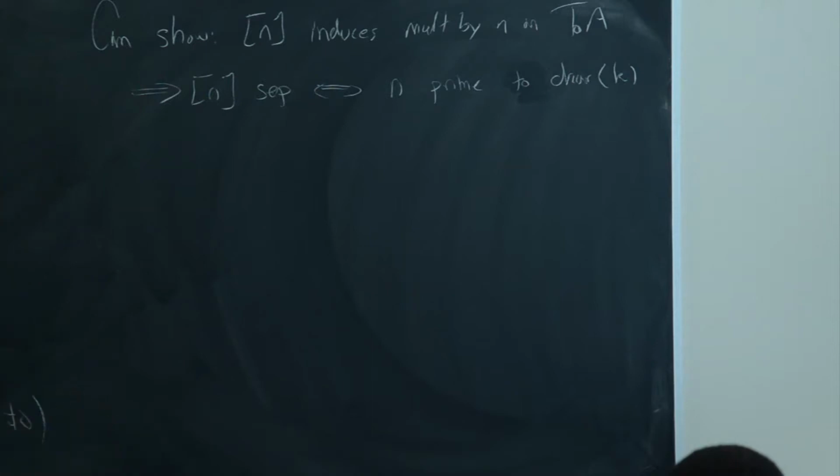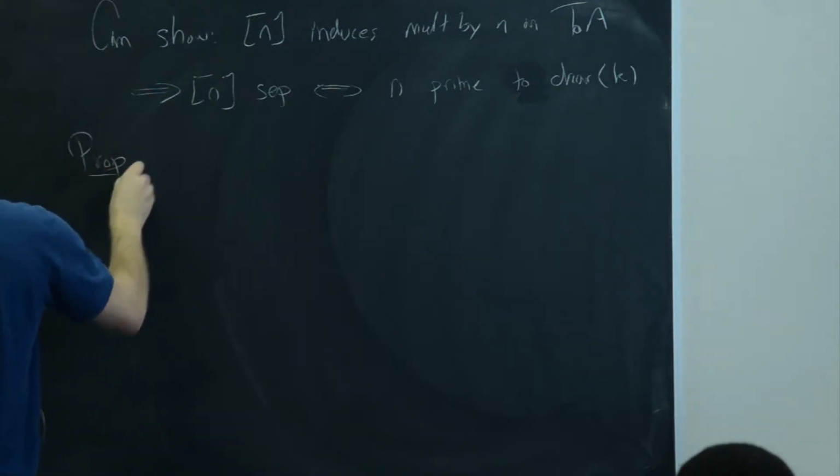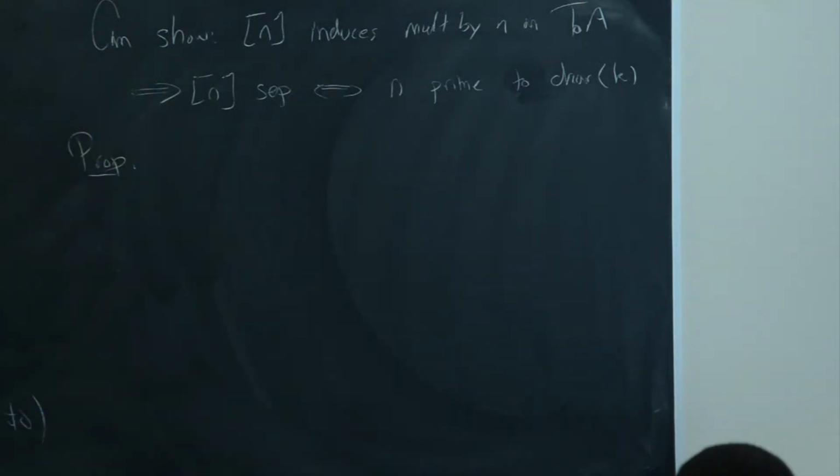I explained this in a little more detail for elliptic curves, but it's a similar sort of reasoning that works here. And so we can say then, if n is separable, then its kernel is a reduced subscheme. And so the number of field points is actually the degree.